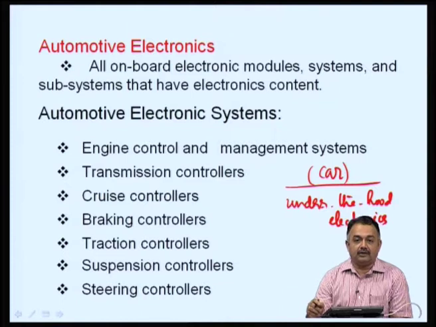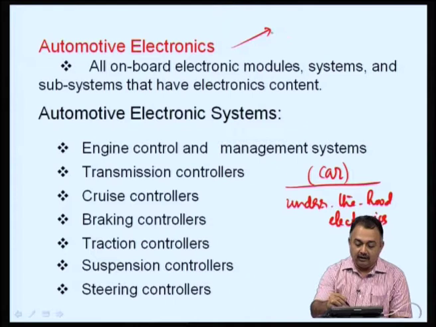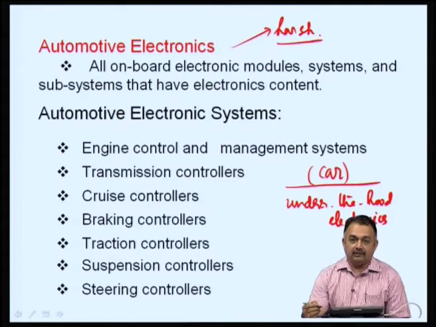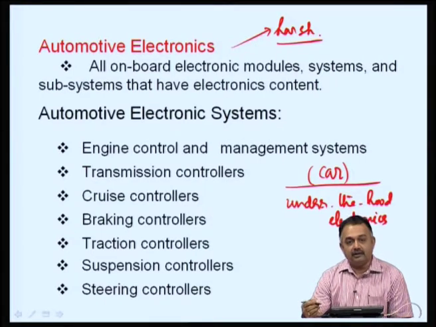All the electronics has to be built under the hood in atmospheres or conditions which are very harsh. So, you can say automotive electronics will deal with a harsh environment. The packaging engineers or design engineers for systems and subsystems that work with automotive electronics need to be aware of the harsh environment that the system will have to work in reliably over a period of time.